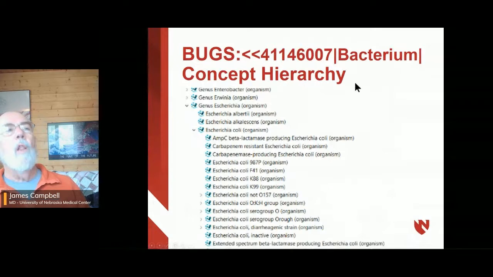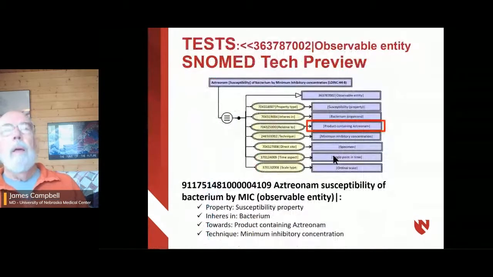And we have all of our results coded into the organisms hierarchy as subtypes of bacterium. And here you can see, for example, the bacterial species hierarchy for E. coli. After the report of the particular bug that is involved, we basically collate the test reports, and these are all susceptibility tests.